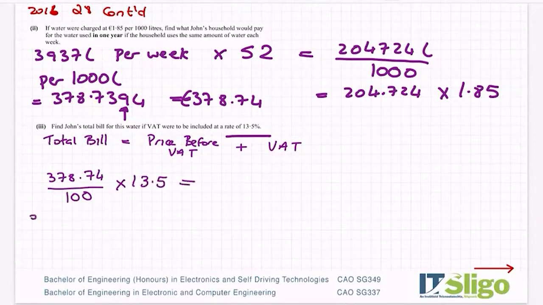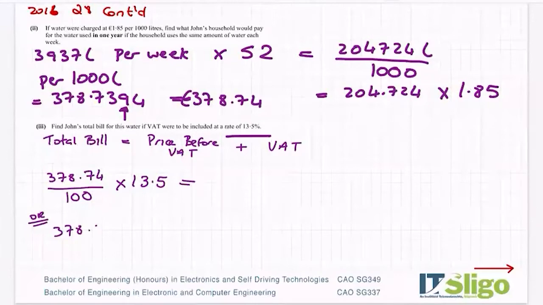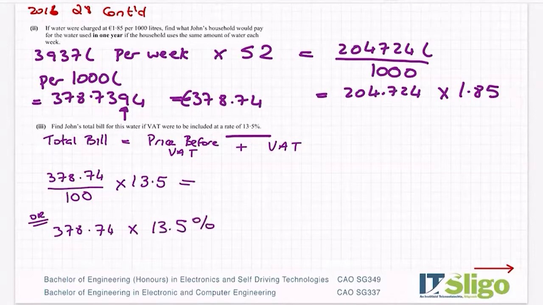Or you could go 378.74 multiplied by 13.5 and that percentage sign on your calculator. And in fact, that percentage sign on your calculator, when you hit it, it is programmed that it does this divide by 100. So that's why those two methods are the same.